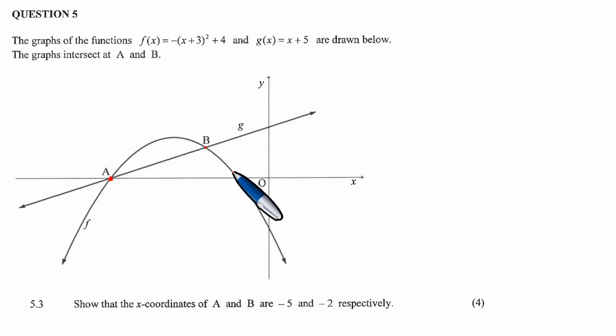Right, so the coordinates of A and B are basically the points of intersection. So in 5.3, we're dealing with the points of intersection.